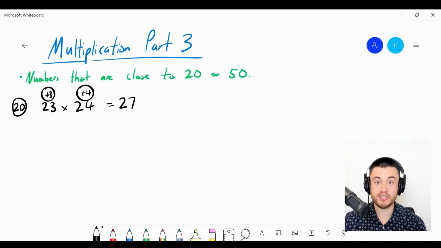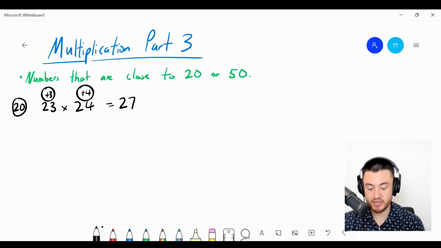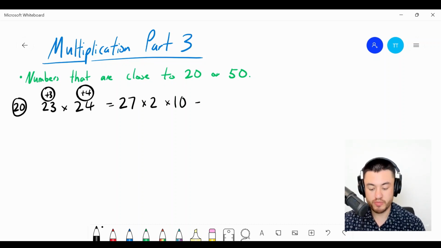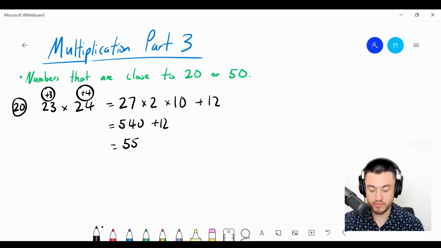Now let's break up 20 into times 2, then times 10. And then we need to add those two circled numbers multiplied together, so we will be adding 3 times 4, which is 12. So 27 times 2 will be 54, times 10 is 540, add 12, 552.